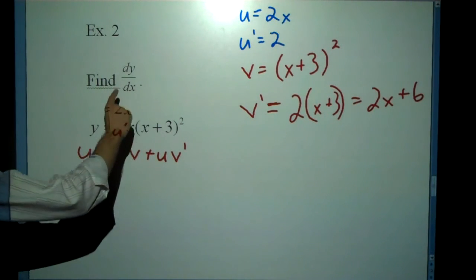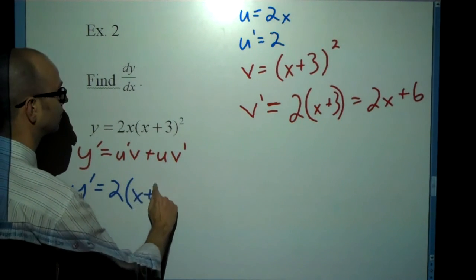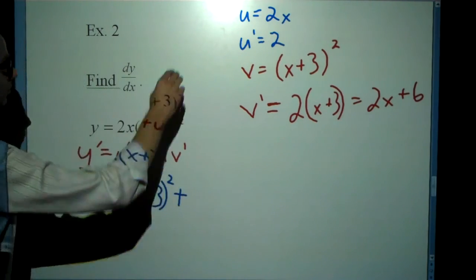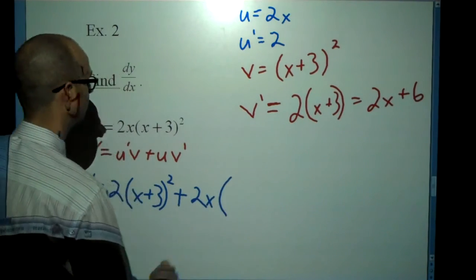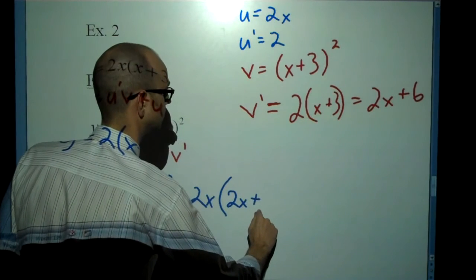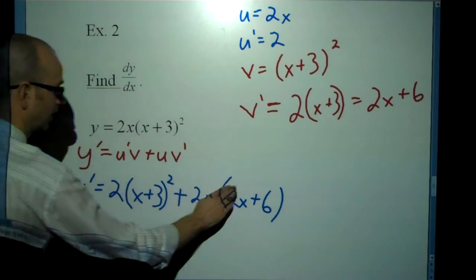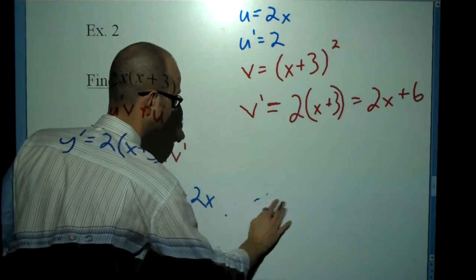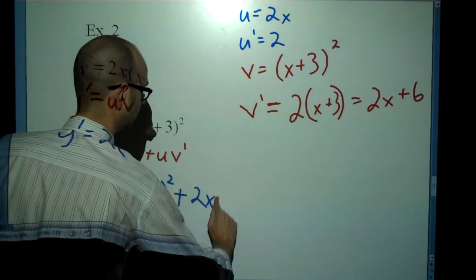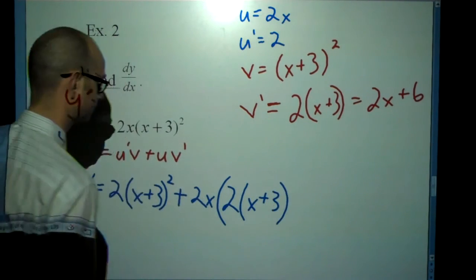We've got u prime, which is 2, times v, which is x plus 3 quantity squared, plus u, which is 2x, times v prime, which is 2x plus 6. I actually might go back to the previous one that we had where I didn't distribute it. That way it's all nice and factored. So I'm going to rewrite this as 2 times x plus 3.